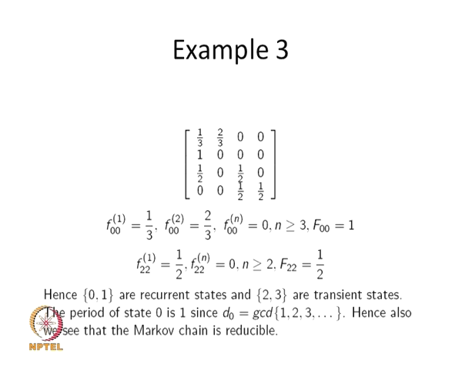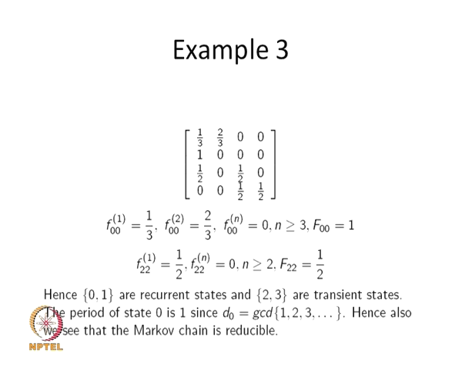Therefore, that is going to be 0, and not only F00 of 3, for all other things also it is going to be 0. F00 of n equal to 0 for n greater than or equal to 3.